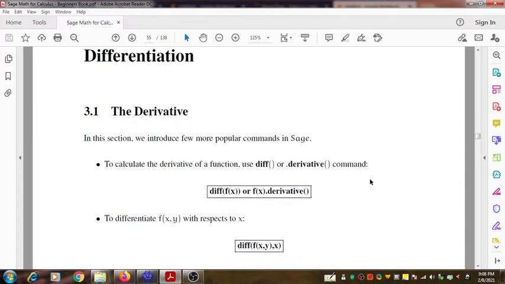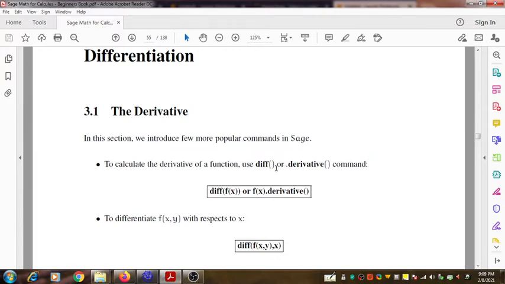See, the syntax of the SageMath command that can be used to find the derivative is given here. You can see that to calculate the derivative of a function we use the diff command. Diff in brackets, you can put the function whose derivative we want.